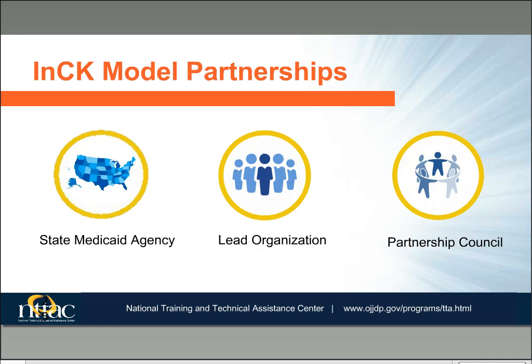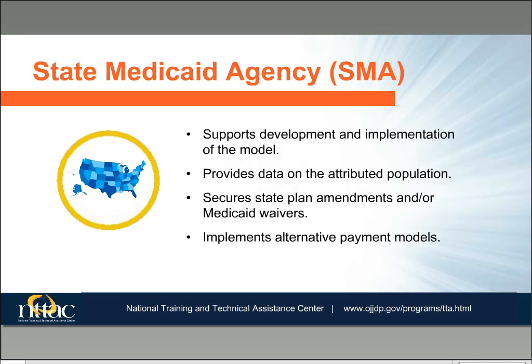For the purposes of InCK, we see that as being the state Medicaid agency, a local lead organization, and a partnership council. For this model, either the state Medicaid agency or this local lead organization will serve as the ultimate awardee.